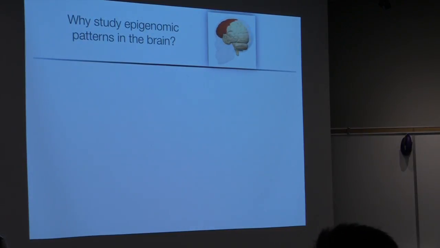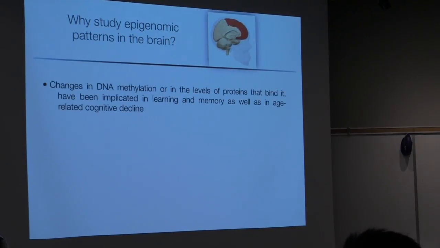But today I want to focus on some studies looking at probably the most complex organ in the body, obviously the brain, with billions, trillions of cells. There are a lot of interesting phenomena associated with epigenetic changes, and I'll just list a few.